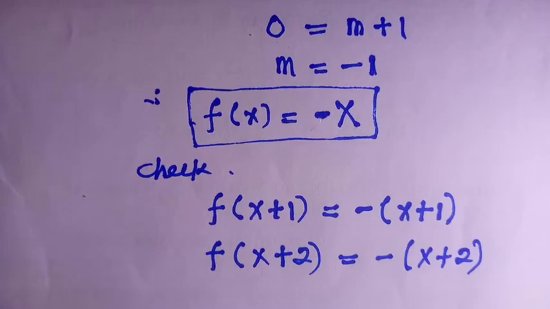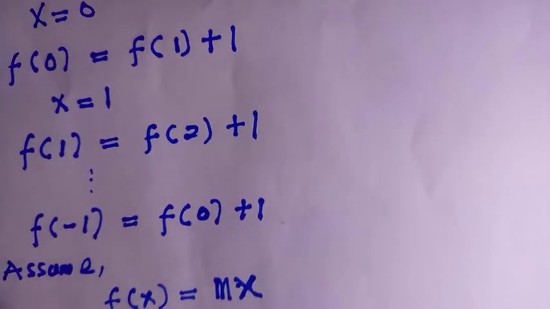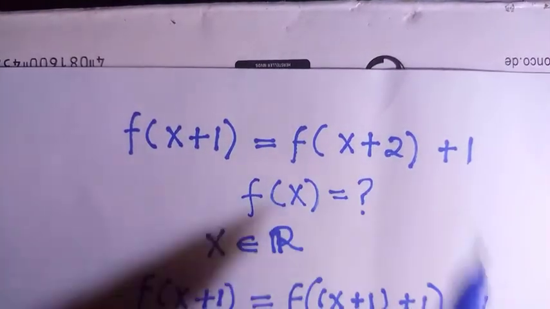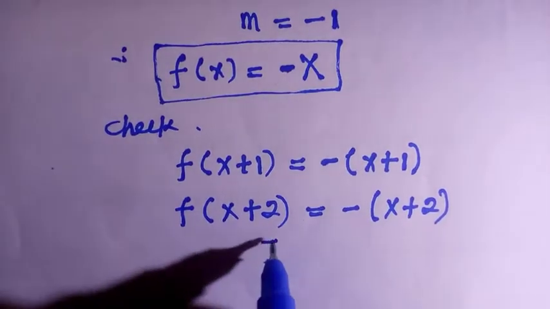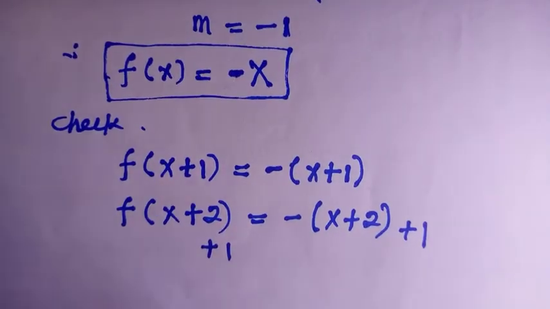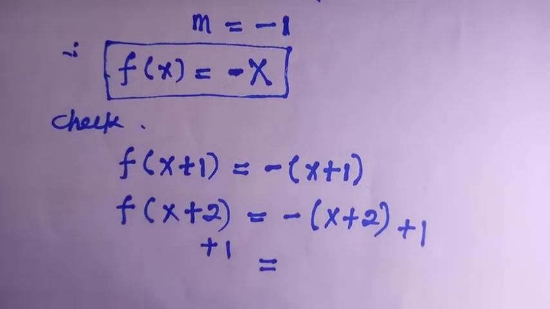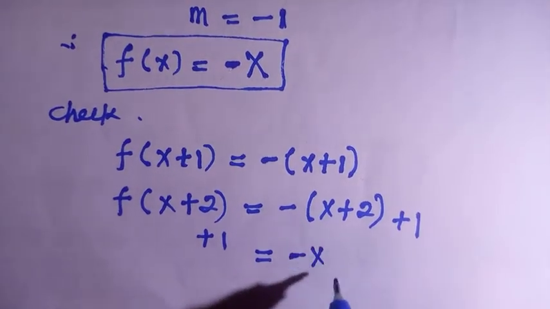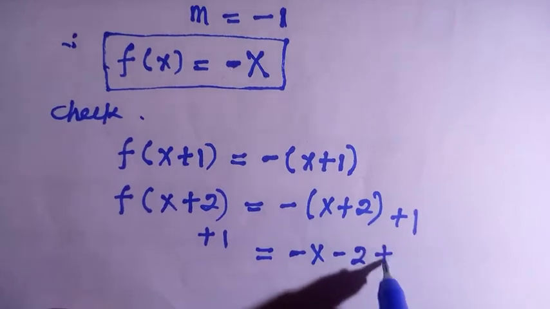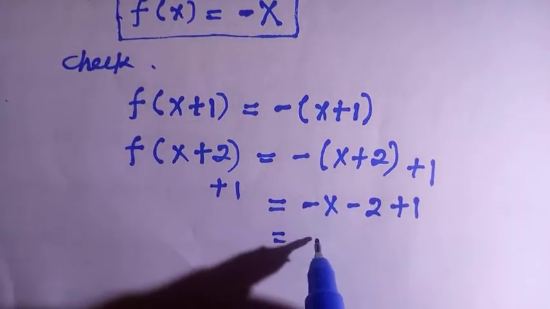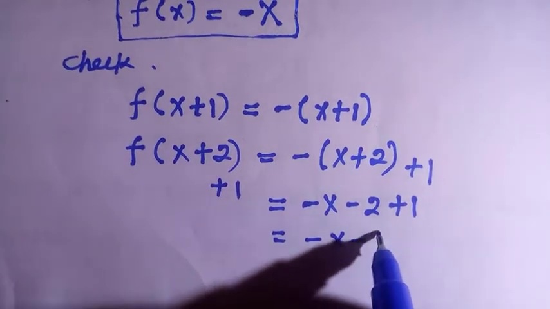But are these two equal? No. But don't forget that there is 1 added to f of x plus 2 on the other side. So if you add this to it, we are going to get the result. Let's see how the result comes. By opening the bracket, we have negative x negative 2 plus 1. And the entire thing is negative x negative 1.